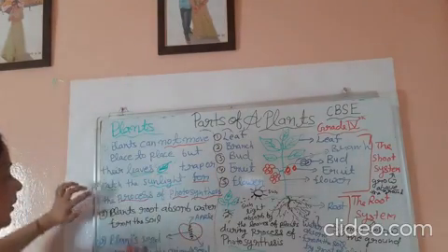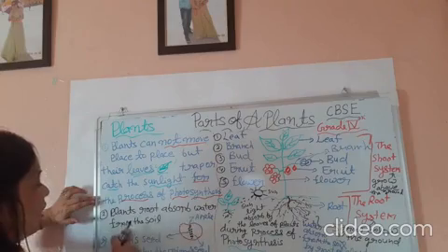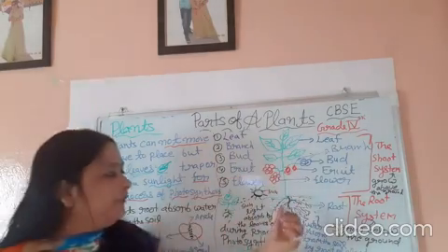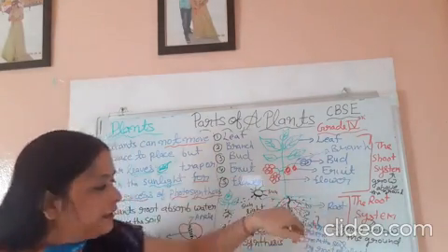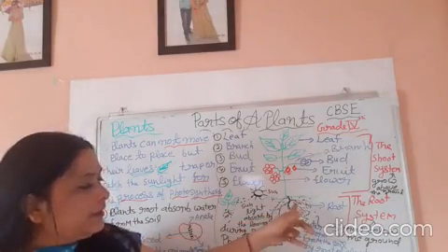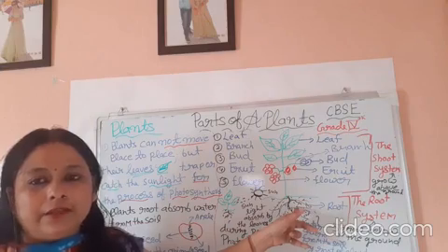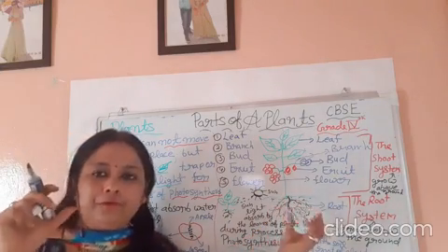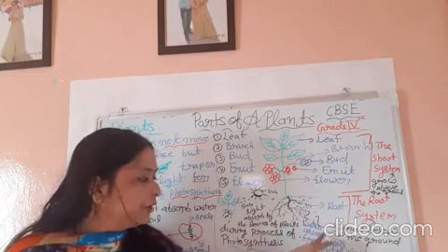Plant roots absorb water from the soil. In this diagram, this is the root of the plant. The root absorbs water and minerals from the soil.